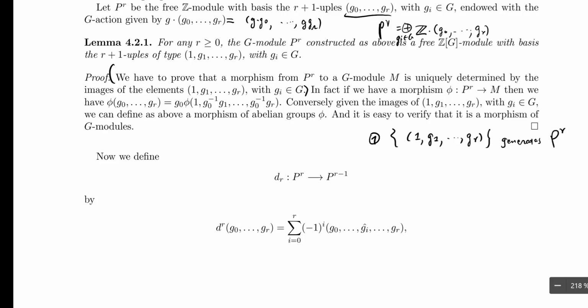So any element of P_R is of the form n_1 times (g_01, ..., g_R1) plus ... plus n_M times (g_0M, ..., g_RM).